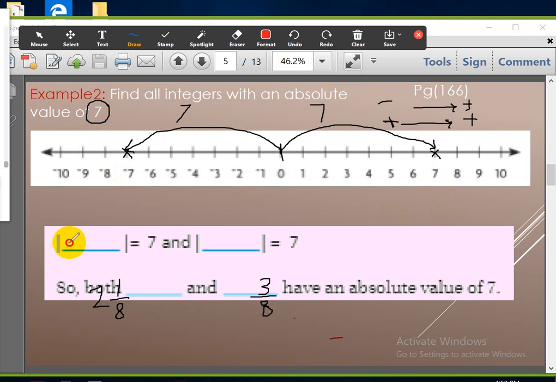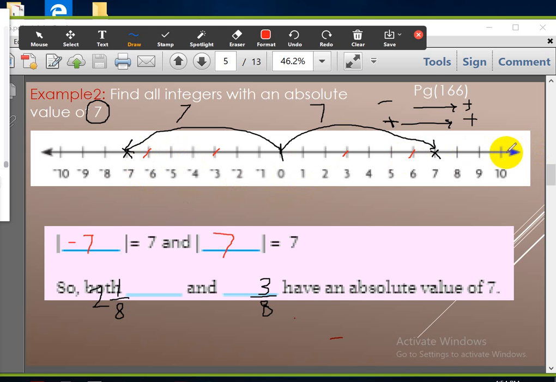So look, girls, the symmetrical numbers on the number line have the same absolute value. That means 1 and -1: the absolute value for 1 and -1 is 1. As an example, the absolute value for 3 and -3 is 3. The absolute value for 6 and -6 is 6.